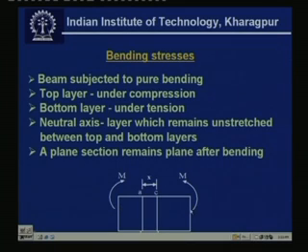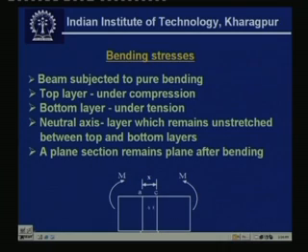Now, under the action of such pure bending on a beam element, the top layer will be under compression and the bottom layer will be under tension. So, obviously, somewhere in between there will be a layer where there is neither tension nor compression.